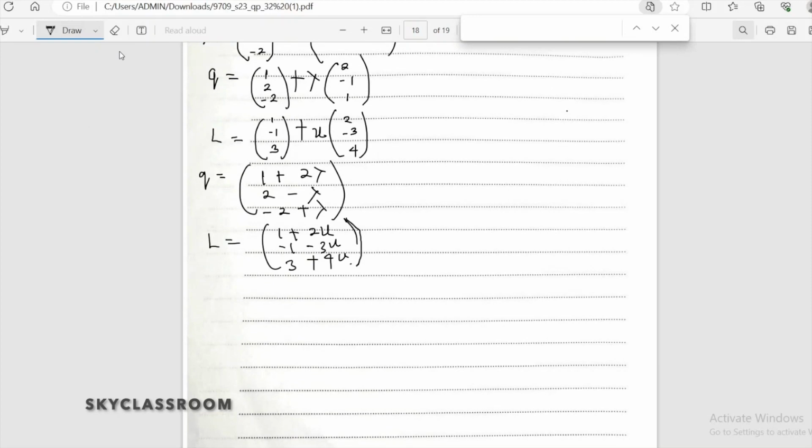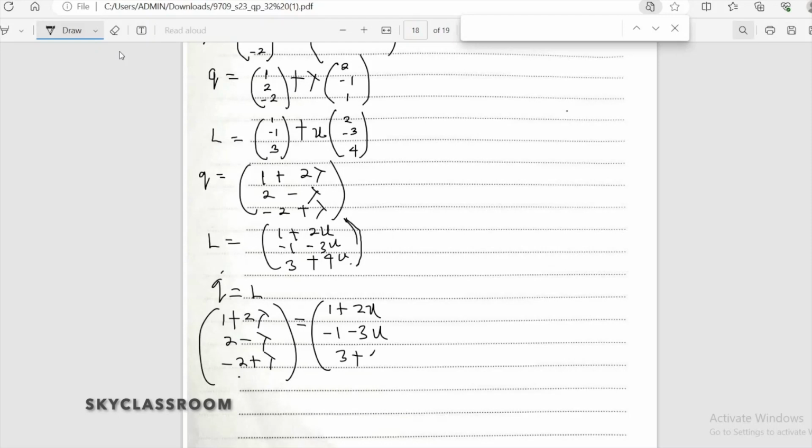Let's equate Q to L. Q is 1 plus 2 lambda, 2 minus lambda, minus 2 plus lambda. L is 1 plus 2 mu, minus 1 minus 3 mu, 3 plus 4 mu.